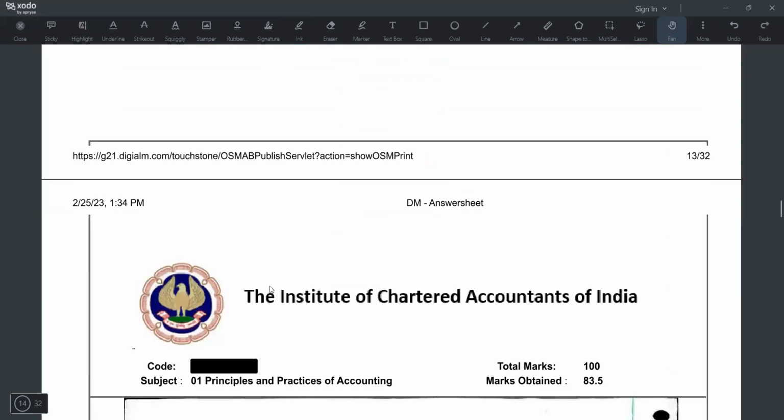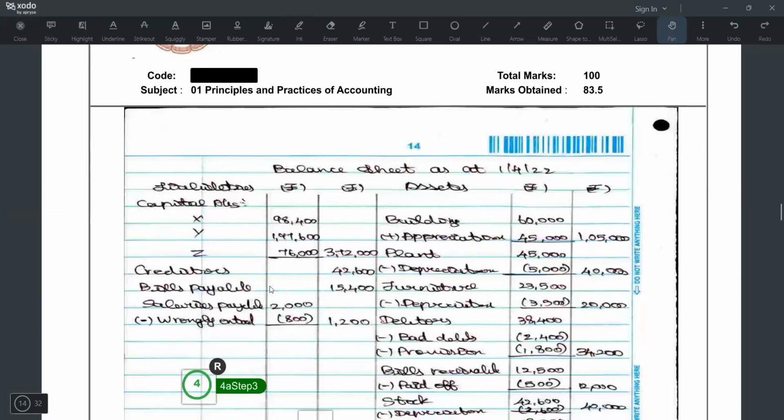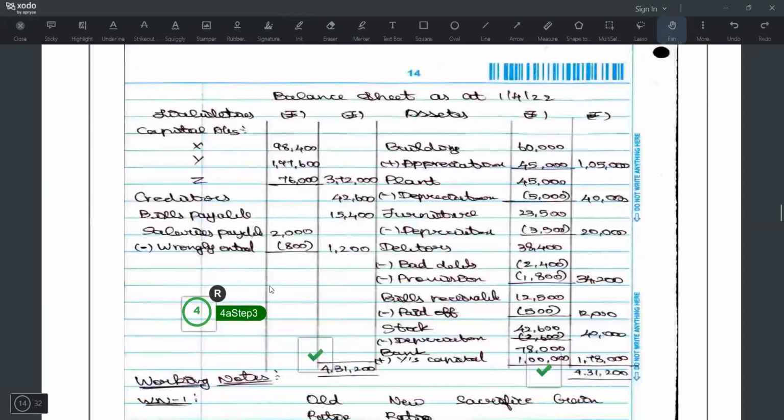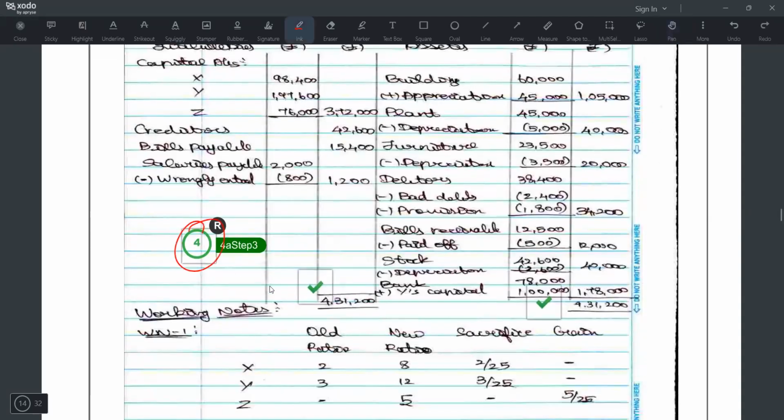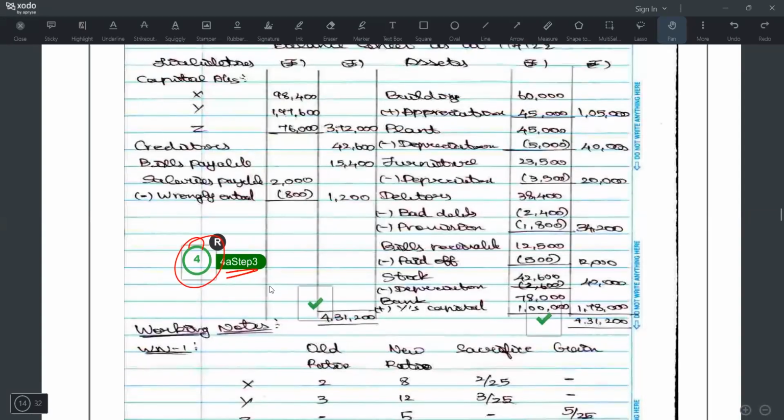In case of the balance sheet, they are going to test you for 4 marks. 4 marks is the total marks, inclusive of the working notes also. Okay. So he has done everything neatly, in a legible manner.